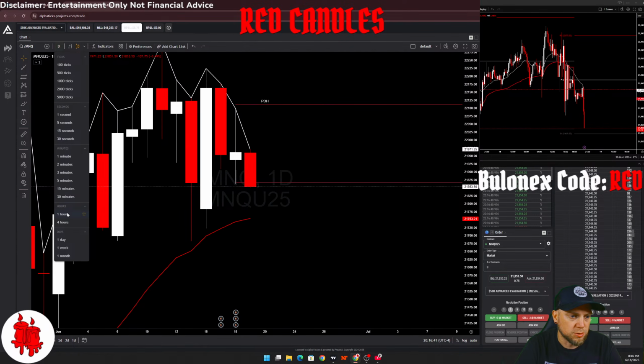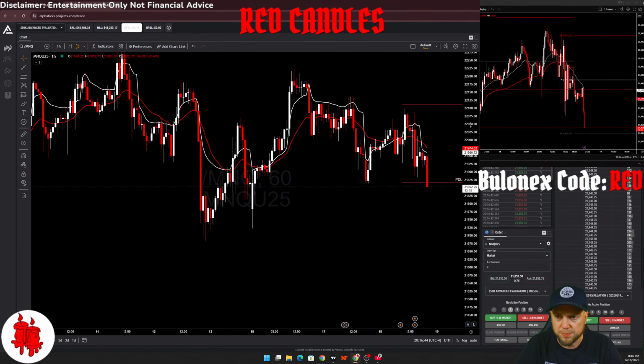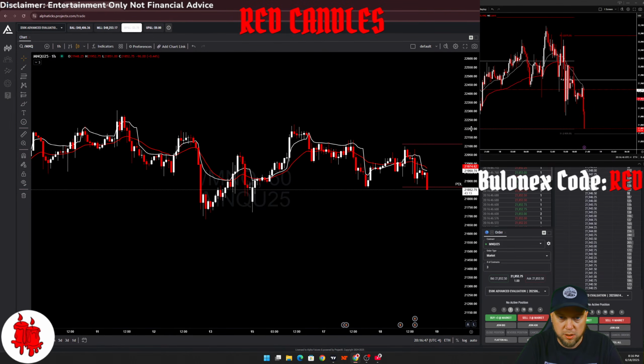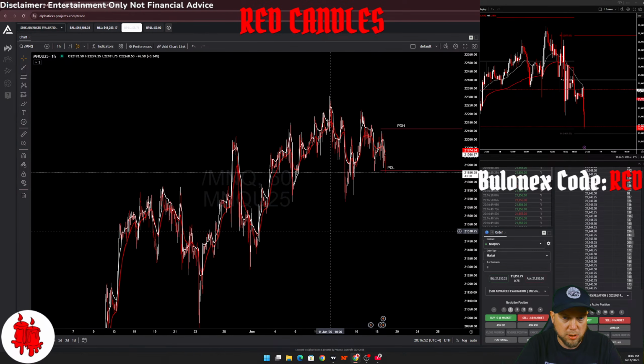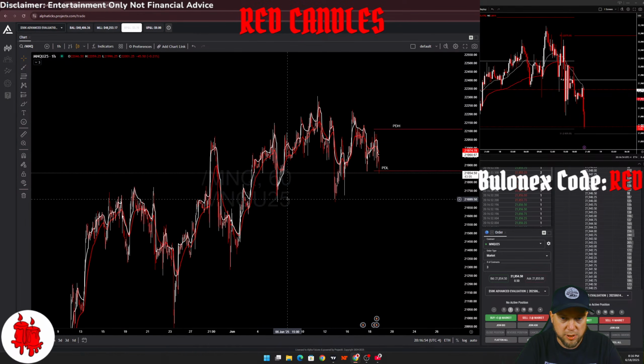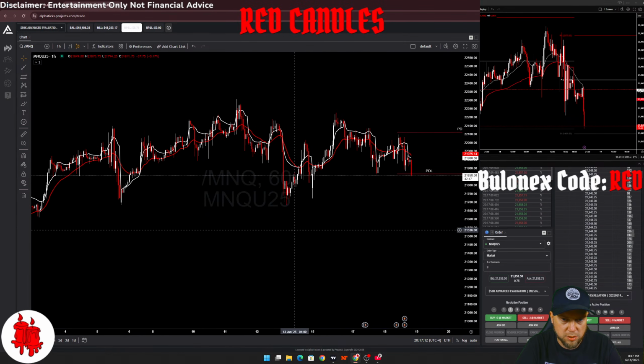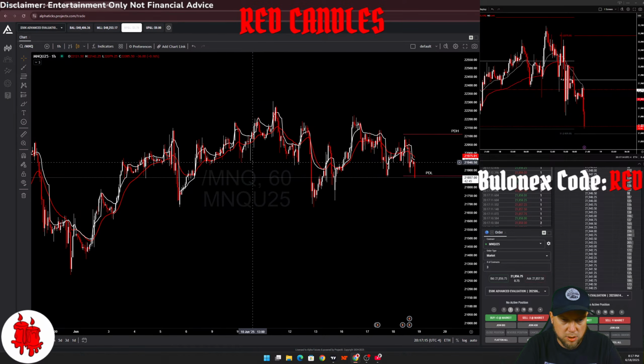All right, let's go to the hourly, see some key price levels here. So we had some support here. My main price action is right up in this area.